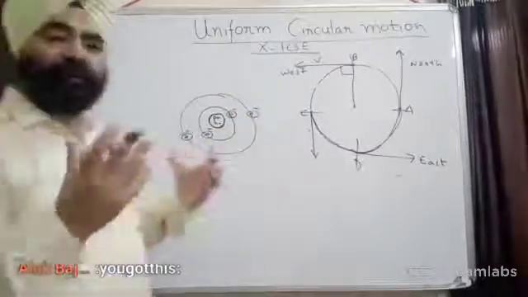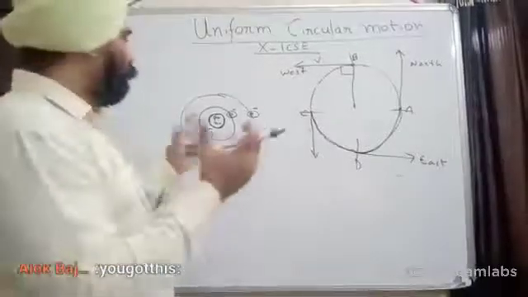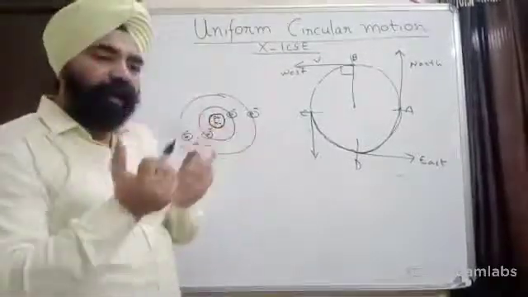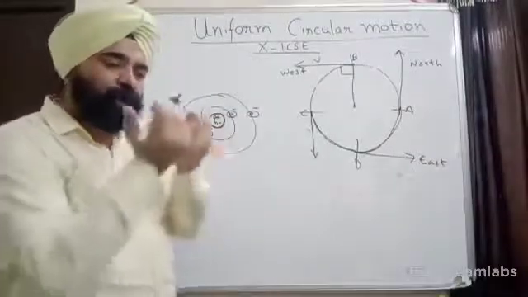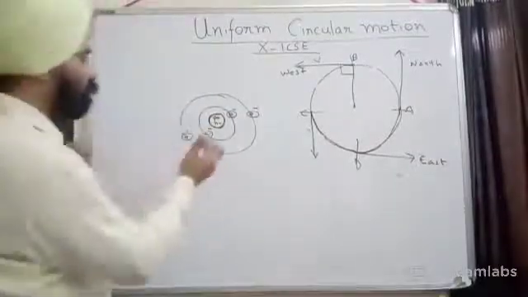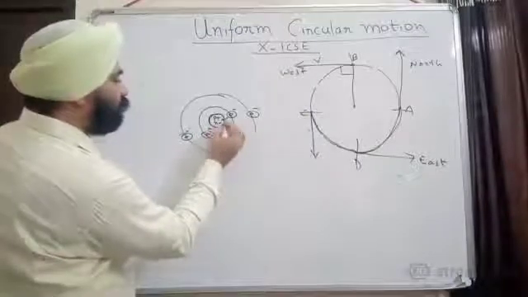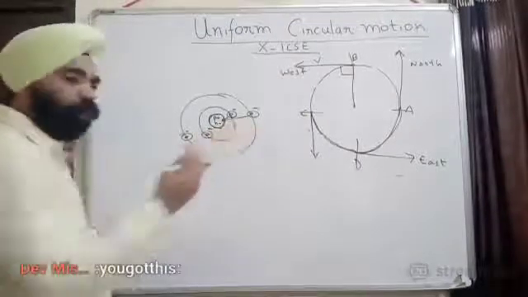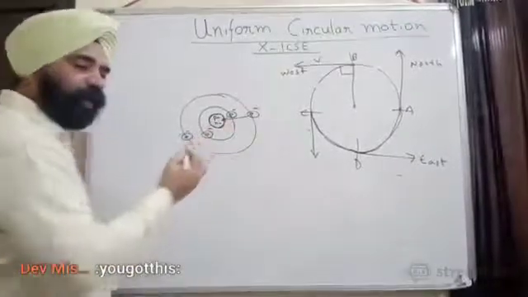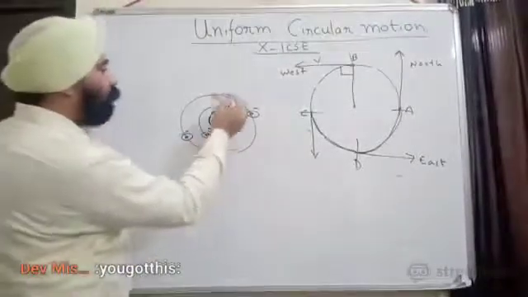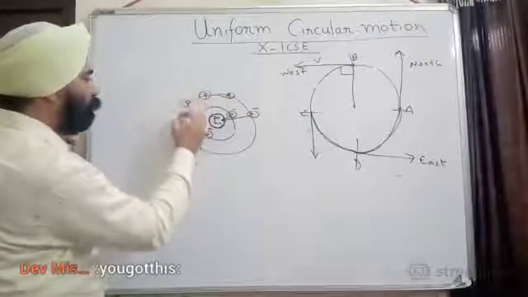So there is an electrostatic pull. Opposite charges attract each other, so these protons pull the electrons towards themselves. So these electrons constantly experience a force acting towards the center along the radius, and hence they keep on going in circular motion.